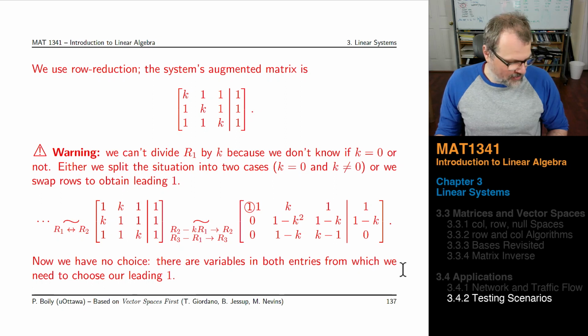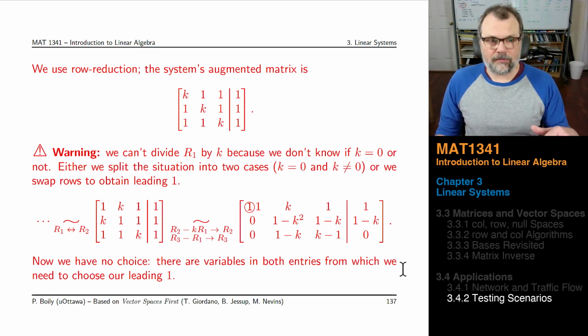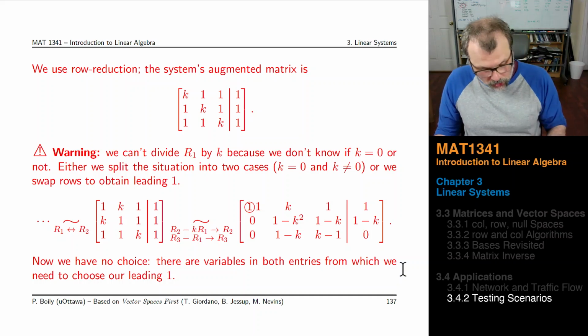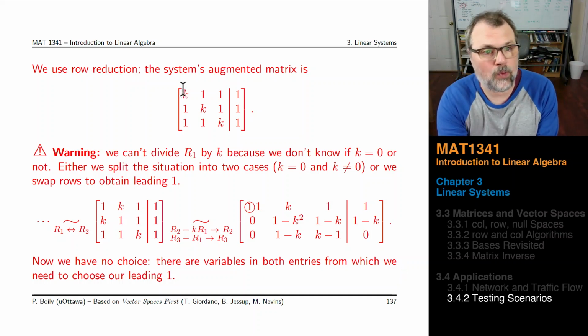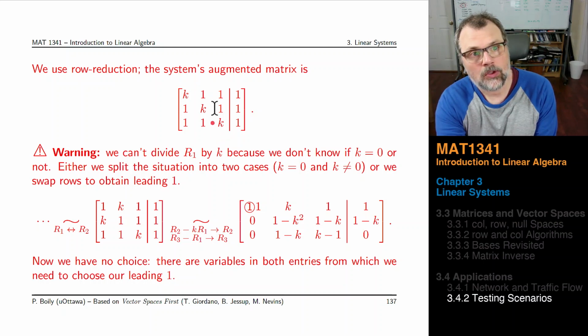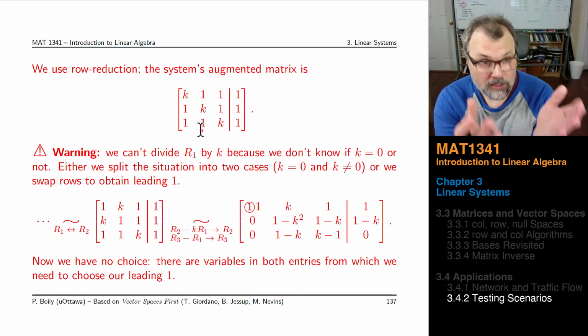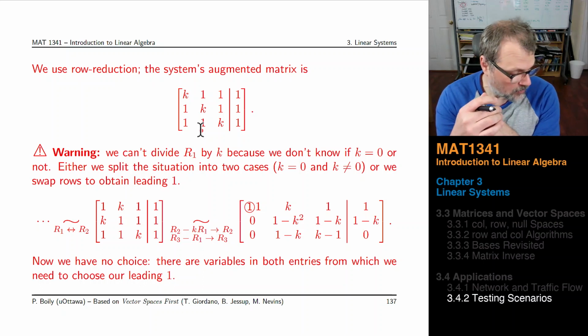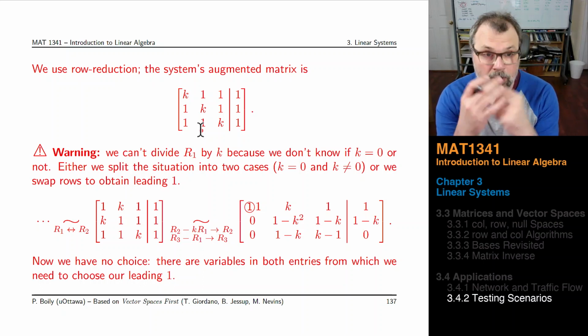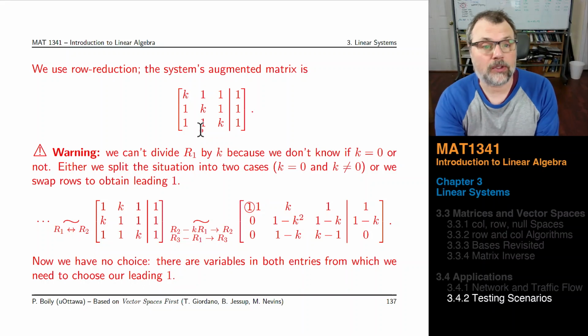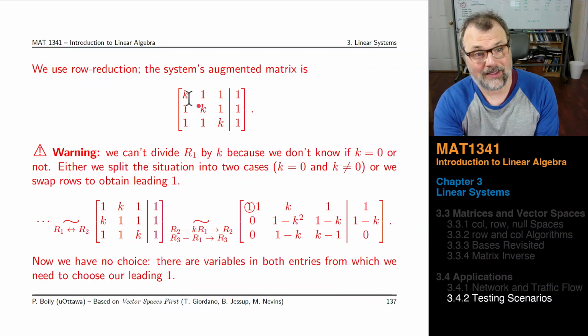Well, you would start by putting this system into its augmented matrix, and you would try to row reduce the matrix to see what you can get from the given coefficient matrix and constant term. If you have a unique solution, you should be able to bring the coefficient part down to the identity matrix, and then the solution will be what shows up on the right of the vertical line.